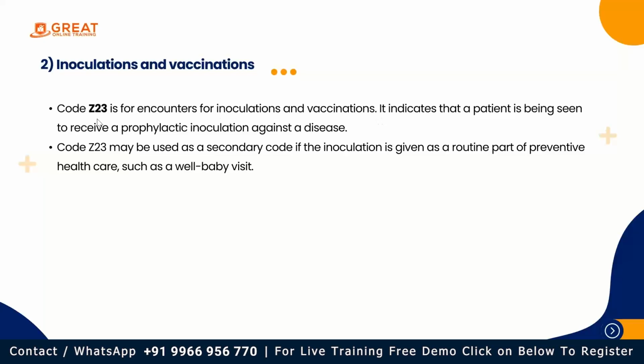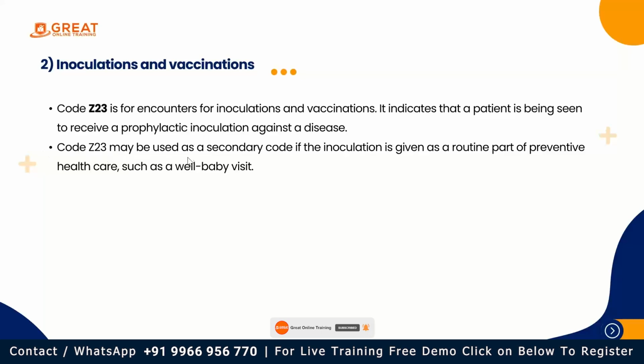You have to at least remember the starting three letters of each and every section, so it will be easy for you to find the code. It indicates that a patient is being seen to receive a prophylactic inoculation against a disease.